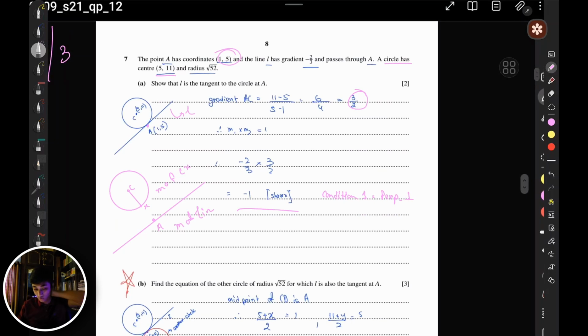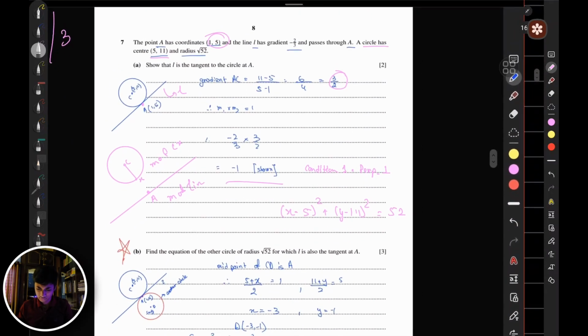The circle equation is (x minus 5) whole squared plus (y minus 11) whole squared equals 52, since root 52 is your radius, so 52 is your r squared.